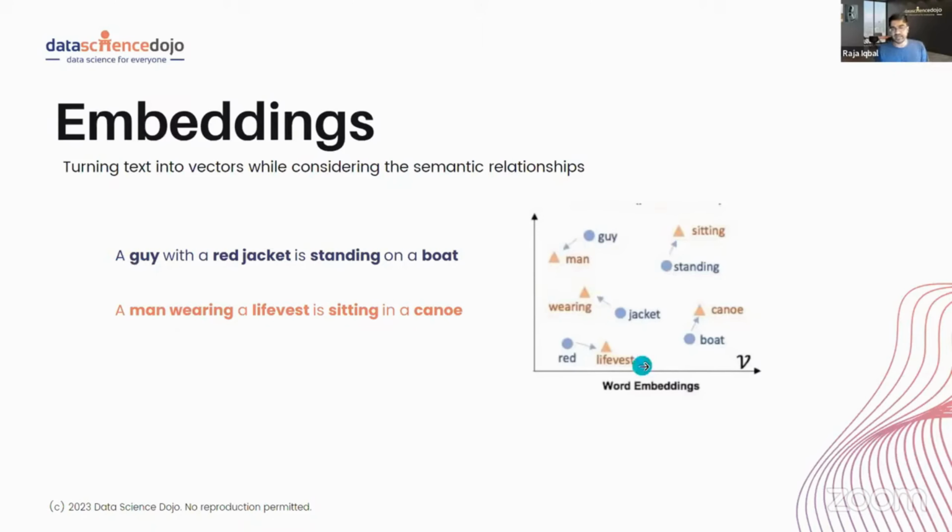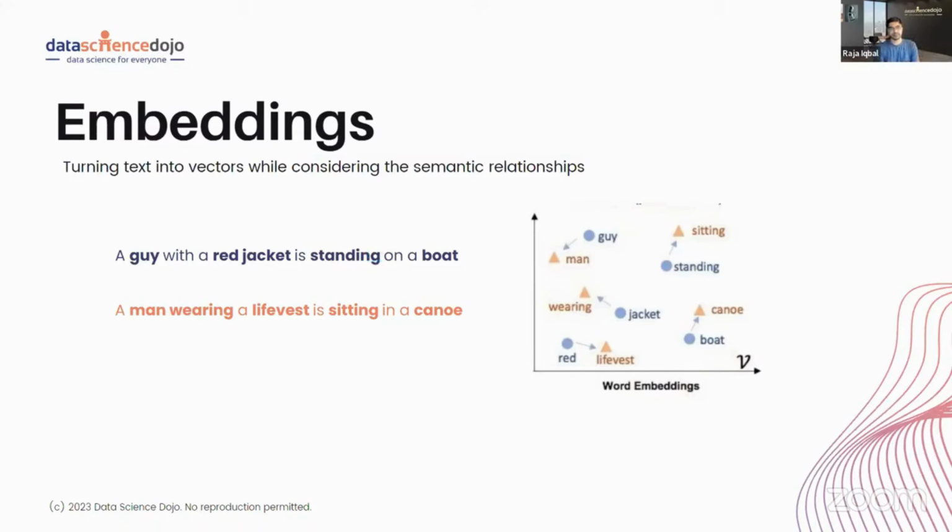Semantically, when you have seen a boat and a canoe multiple times, there are techniques that can figure out that canoe and boat are often used in a similar context. Let's put them together. So semantically, they're similar.